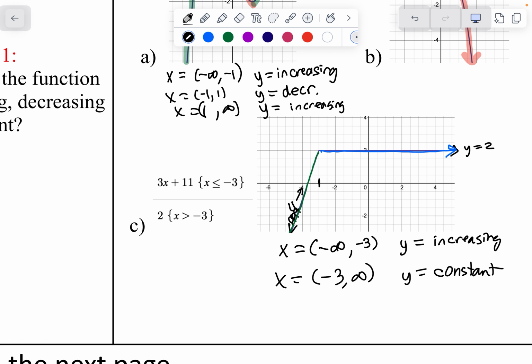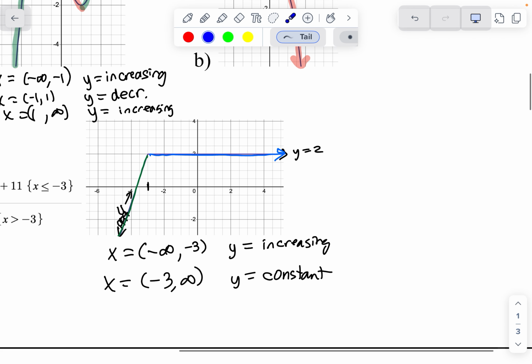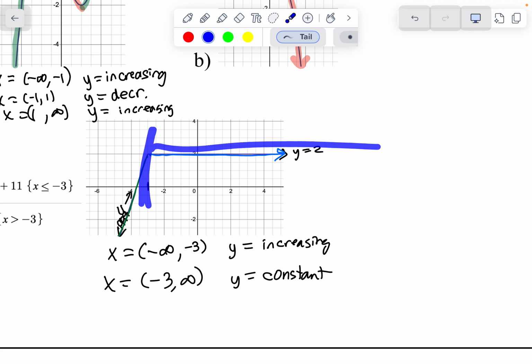Let's go over it one more time. As my math bug starts at negative infinity, walks to an x value of negative 3, he's going uphill. But from an x value of negative 3 to an x value of infinity, he is stuck at a constant height of 2. Makes sense how this is working?